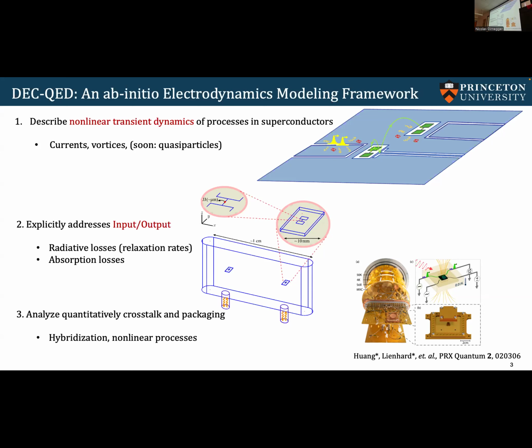Secondly, we want to explicitly address input-output losses. These are radiative losses due to coupling to the external environment, as illustrated in this diagram. You communicate with the outside world either deliberately through control and readout lines, or through unwanted interactions due to improper shielding or packaging.